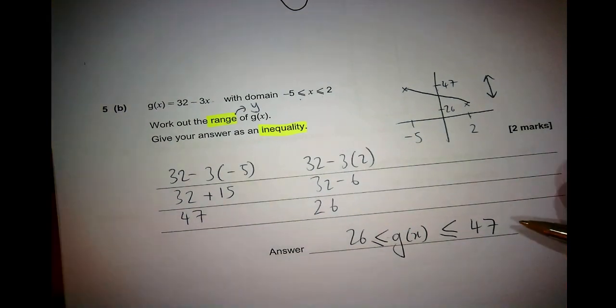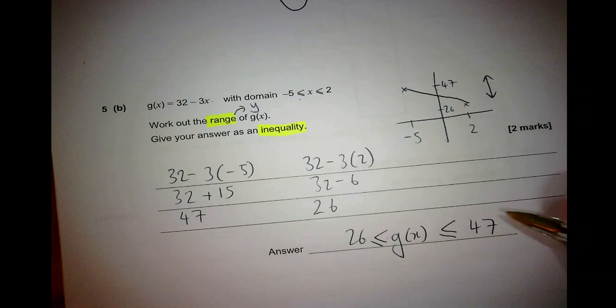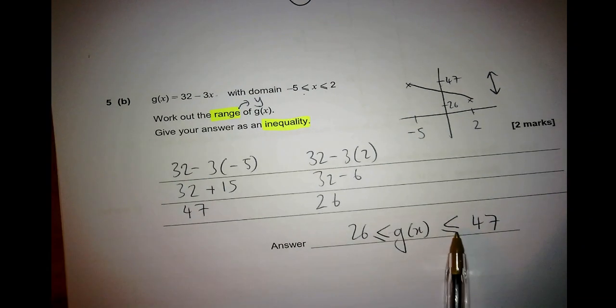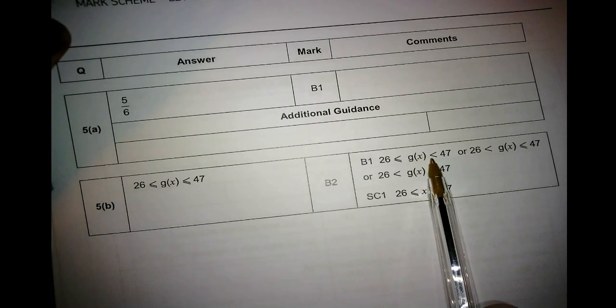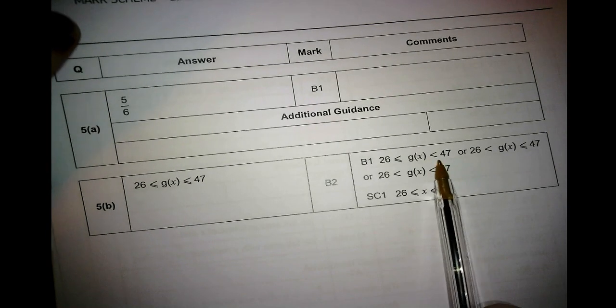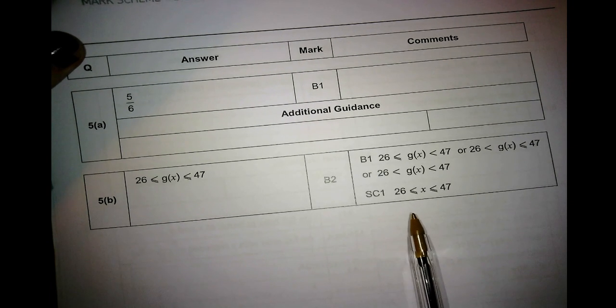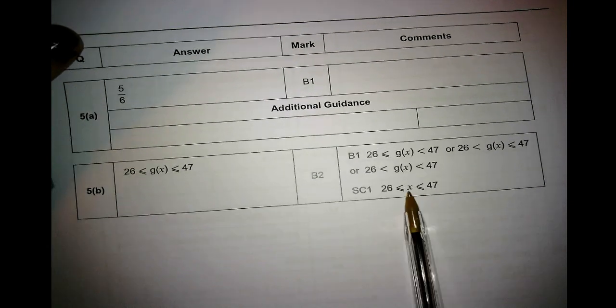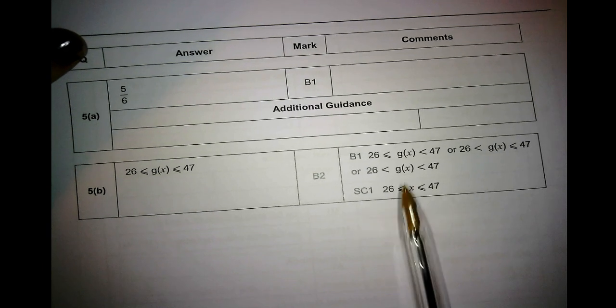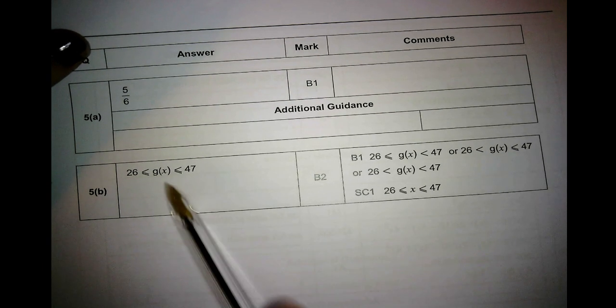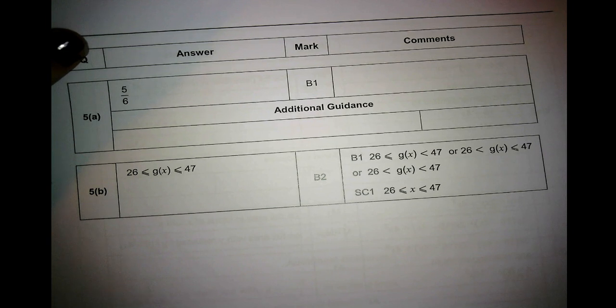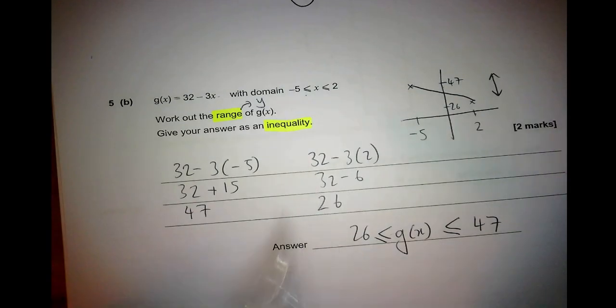You would get 1 mark if you had this, but you hadn't included the little line under either of the sides. If you've written x, you'll get 1 mark. It doesn't actually show that you'd get the mark if you wrote y, so you must write the g of x, not y, because there's actually no y anywhere here.